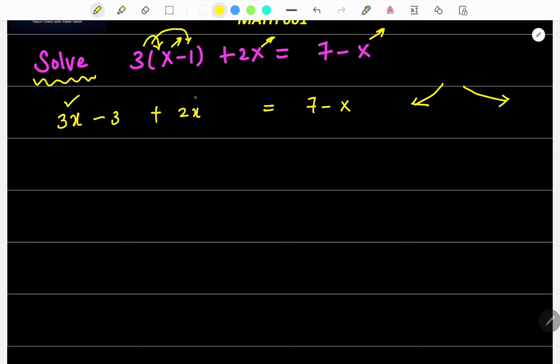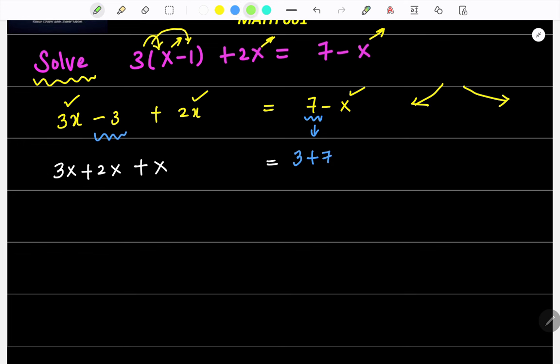This is x, this is x, and this is x. Bring to one side: 3x plus 2x and then plus x equals. Take all the numbers to the other side. What is the number here? It is plus 3, right? And this is already here, so you're going to write plus 7. Clear, all of you? Right.